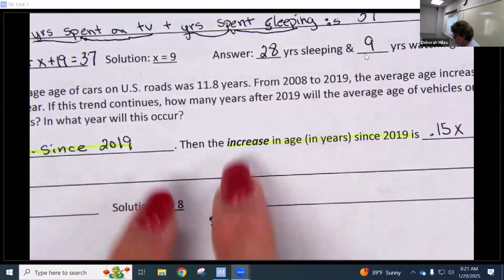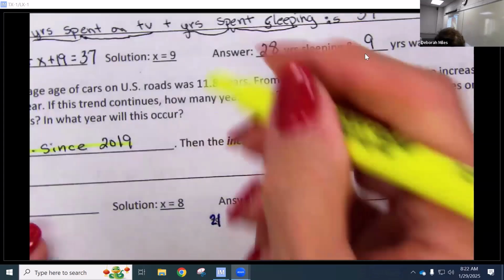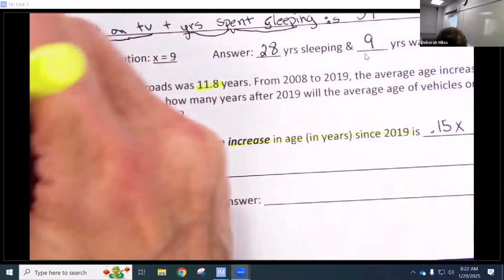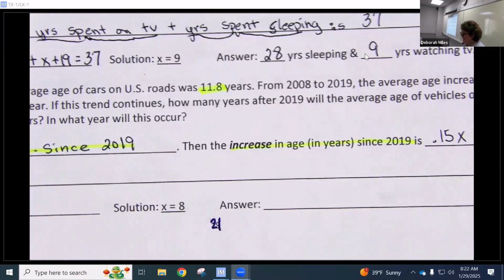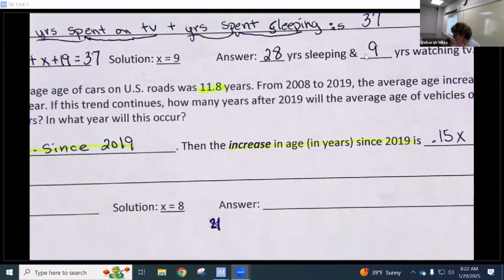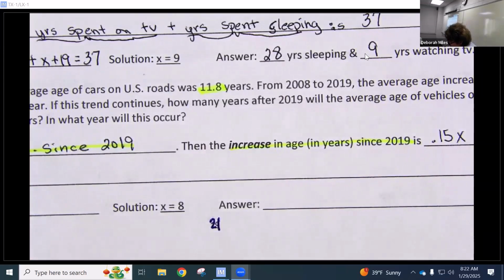Make me a sentence with these words and a 13 in it somewhere. Let's say the 11.8 and the 0.15. The average age in 2019 was 11.8, and then it was 0.15 years per year increase after that.